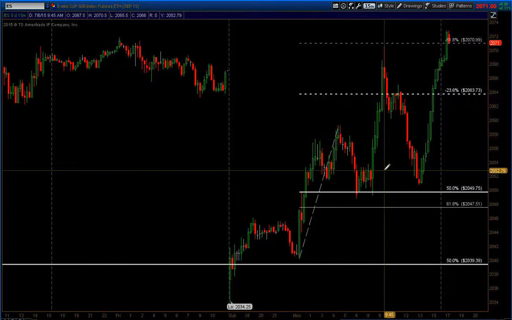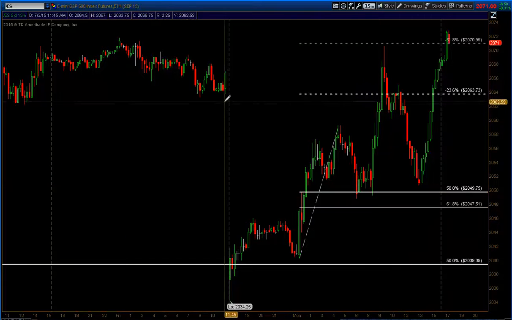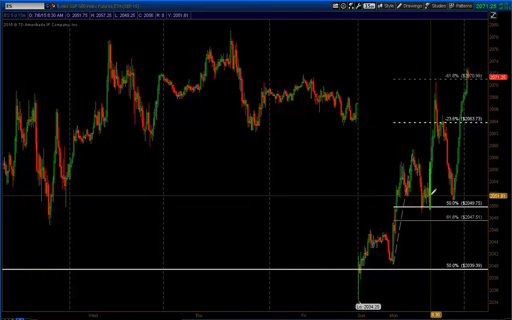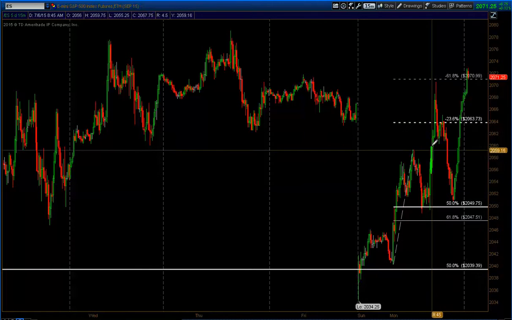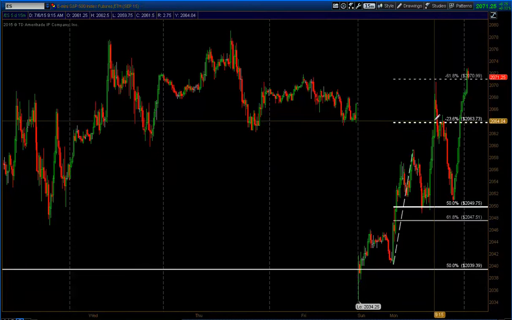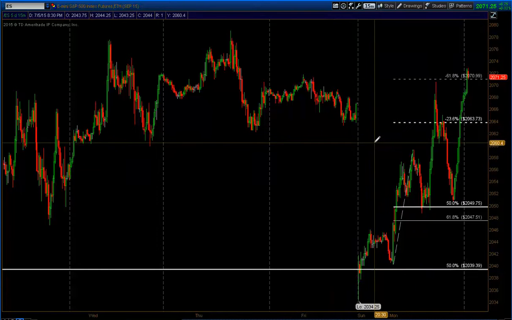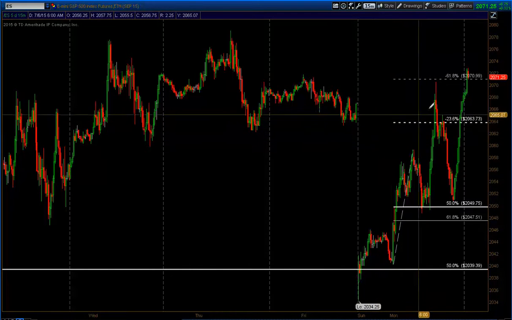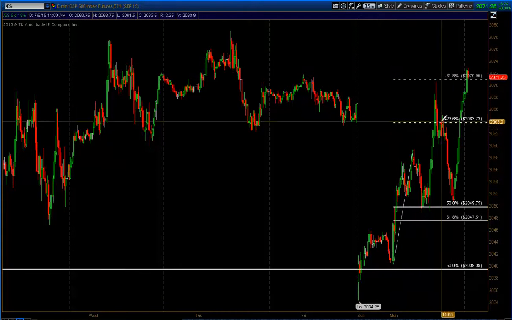So my thought process for the morning was, okay, we've come up here and we've basically filled the gap right off of the open. So we've got 8:30, and in the first 45 minutes we came up here and filled the gap. So I was looking for a potential gap fill and then immediately reverse and take us lower.